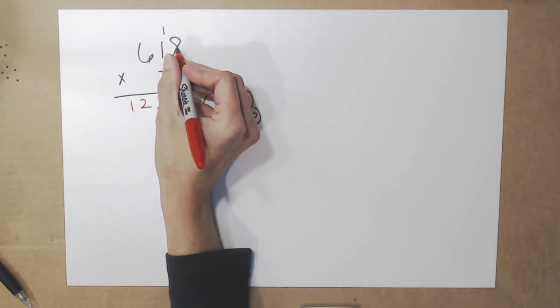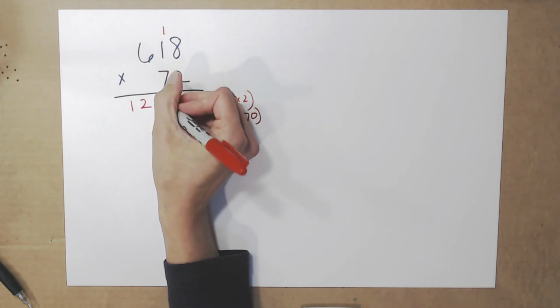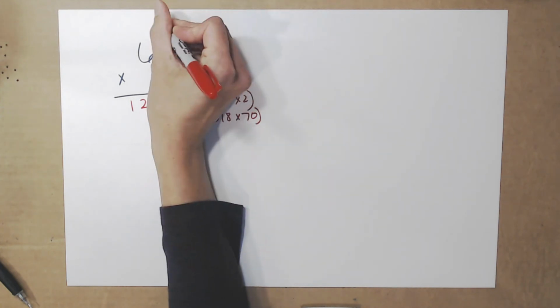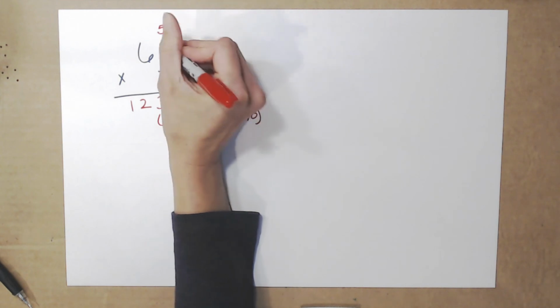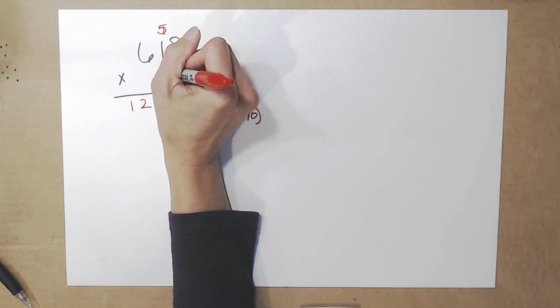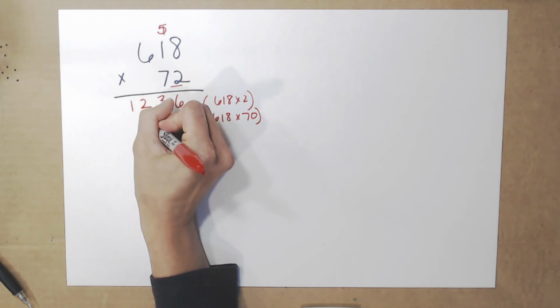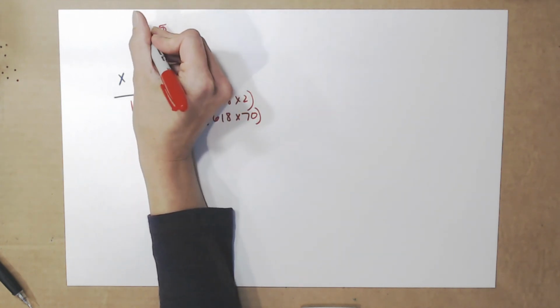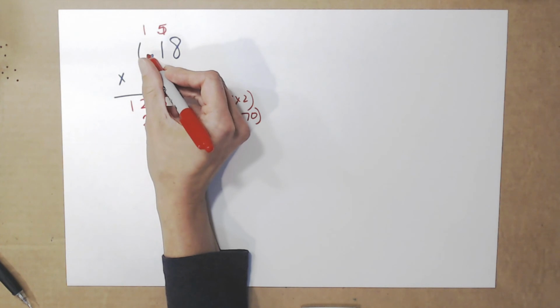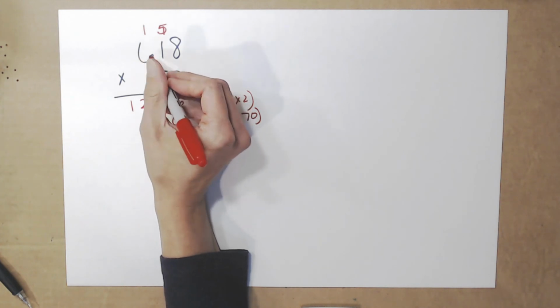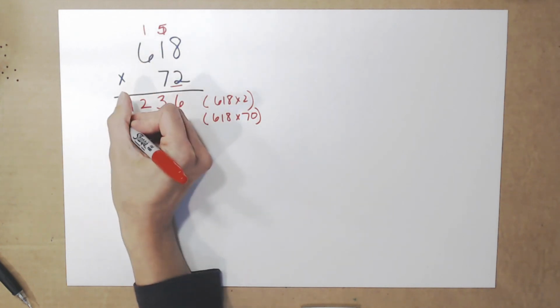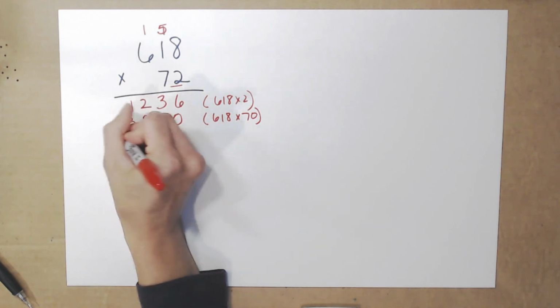So we think of 8 ones times 7 ones is 56. So we have 5 extra tens. 1 ten times 7 is 7 tens, plus 5 is 12 tens. So we have 2 tens, but then the extra 10 tens become 100. 6 hundreds times 7 is 42, plus 1 extra 100 is 43.